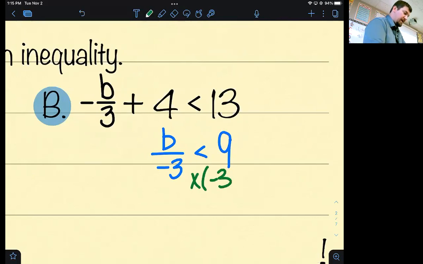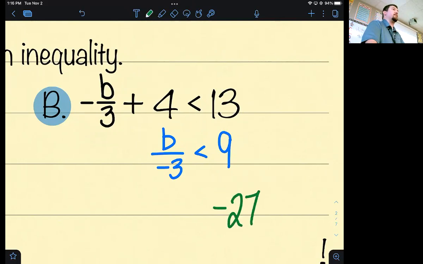Okay. Oh, I said I wasn't going to write that down anymore, and then I did. When I multiply 9 times negative 3, what do I get, Deegan? Okay, what else happens when I multiply by negative 3? Brady? What else, Jacoby?